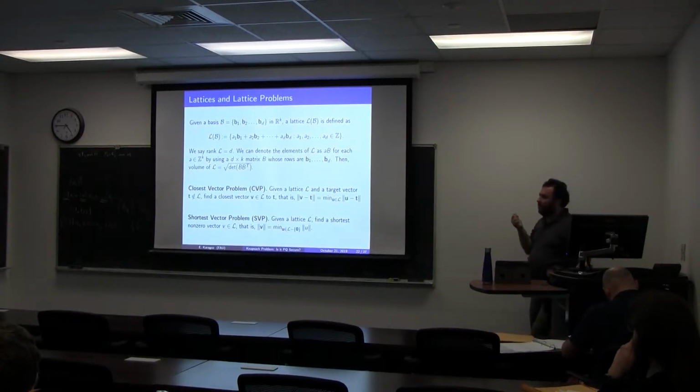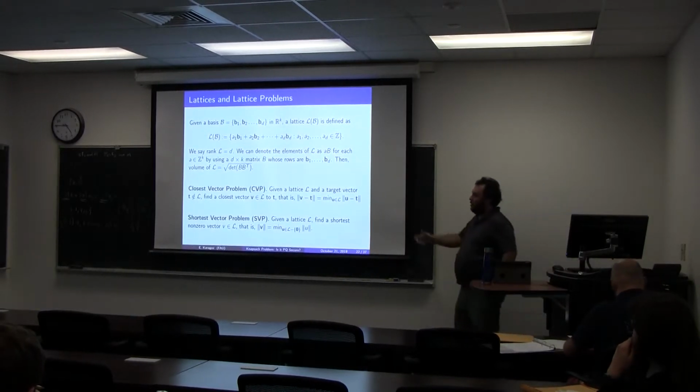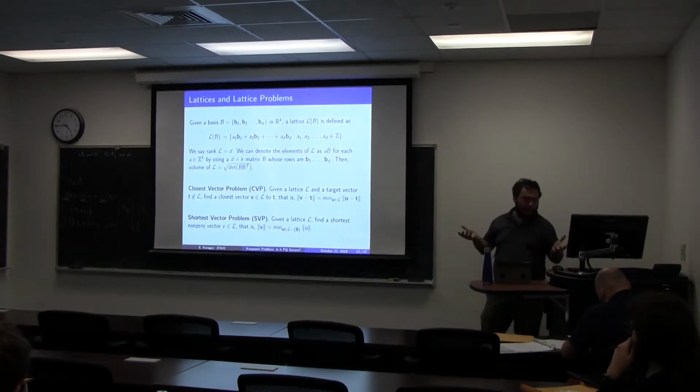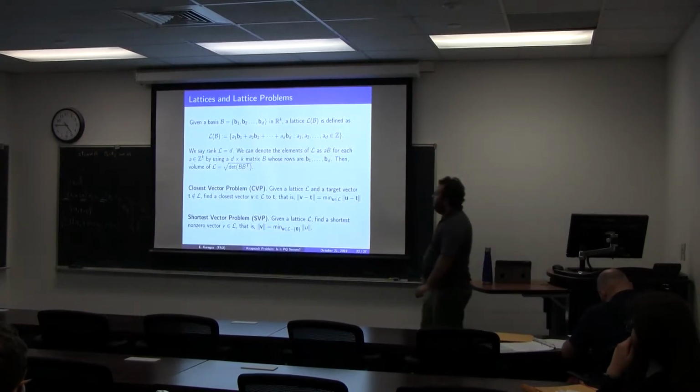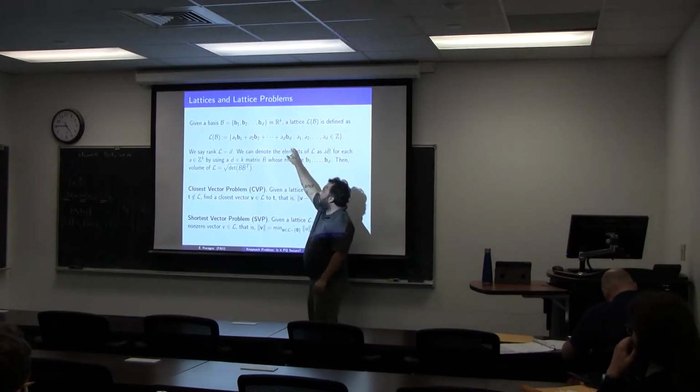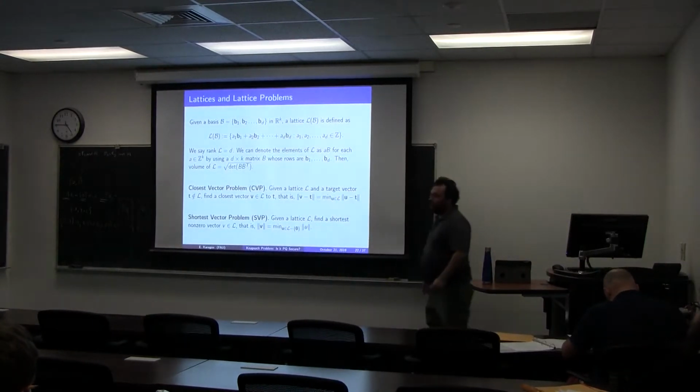What is a lattice? A lattice is an integral combination of d linearly independent vectors. I mean, you are given a basis, and you construct a lattice by taking the integral combination of those vectors.